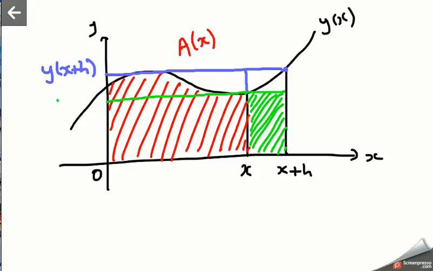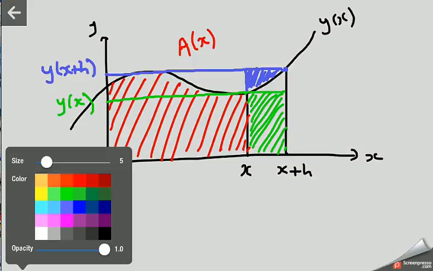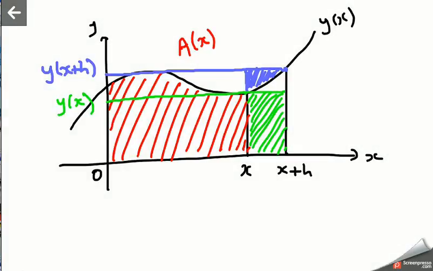So the height of this green rectangle is just y of x. Okay, and now I'm going to shade some stuff in. Make this part blue. Make this part pink. Alright, now we're ready to go.